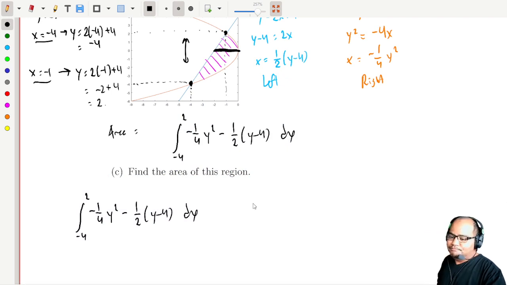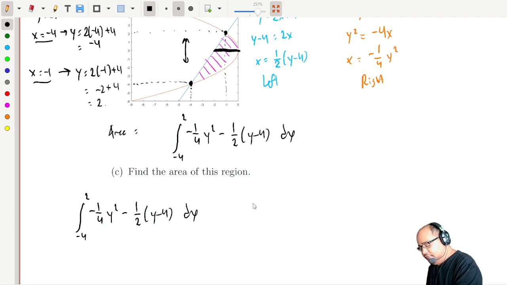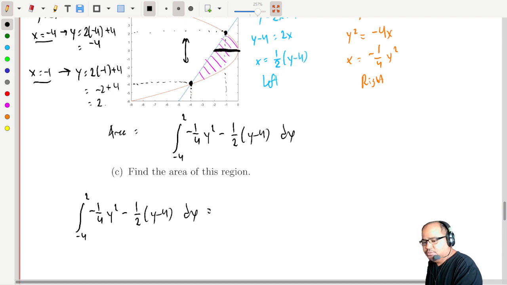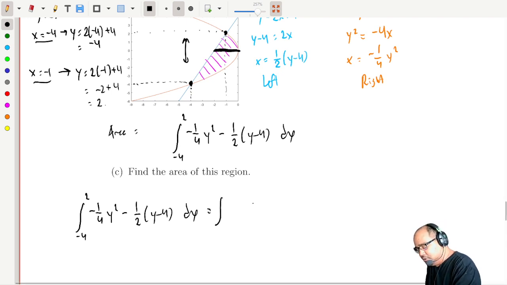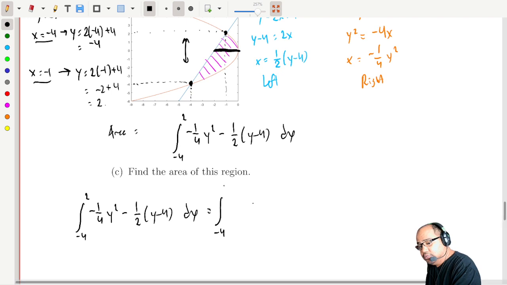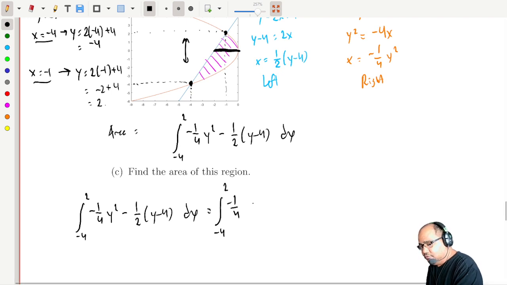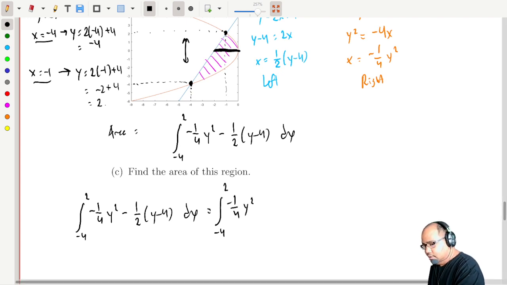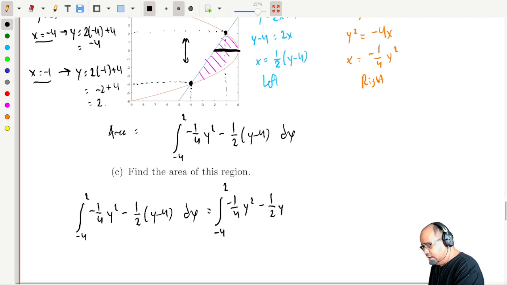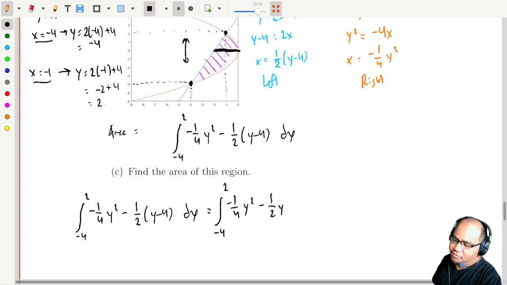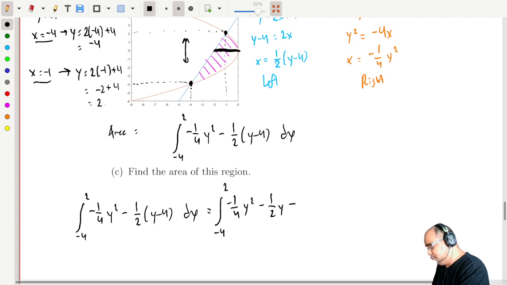Now we just use our power rule again. In fact, what I'll do first here is multiply the 1/2 through the second term, just to make it a little easier for us to see. We'll have -1/4 y squared, and then -1/2 y. Now -1/2 times -4, that's a positive 2.